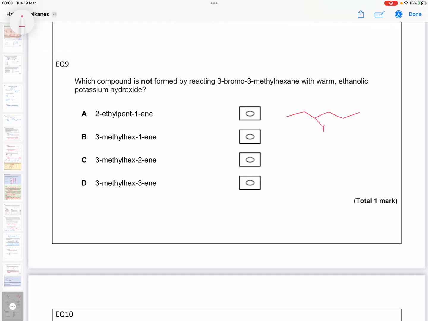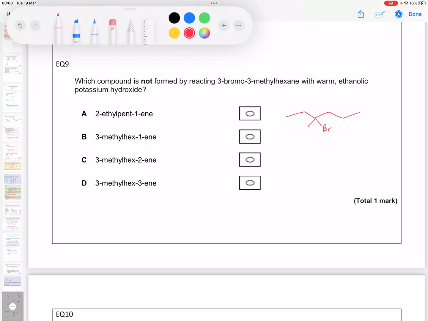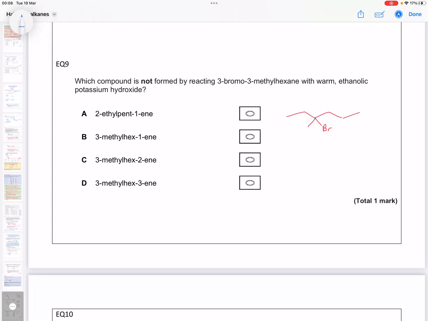Bromo and methyl. Okay, so this is the carbon atom that, I'm just going to put a little blue dot, that's the one that the bromine is attached to, so we can take hydrogens here or on the other side here.